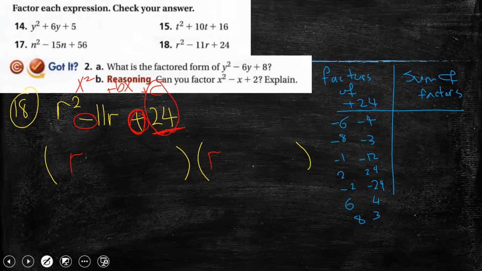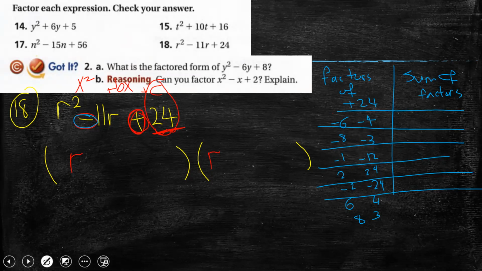All of these are the factors of positive 24. Since the sign of b here is negative, I will look at the ones whose summation is negative. It could be this one, this one, this one, and the last one here.